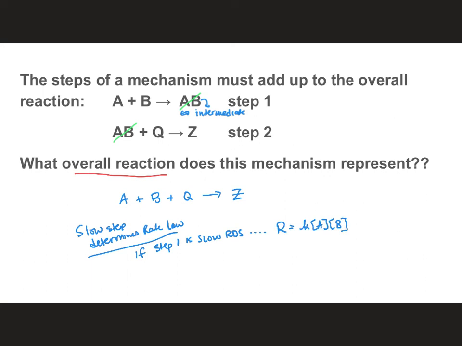Because there is 1A and 1B in the first step, if that step is slow, the rate law depends on the stoichiometry of that step. However, if the second step is slow, okay, the only reactant present in the second step is Q, and so Q is the reactant that shows up in the rate law.